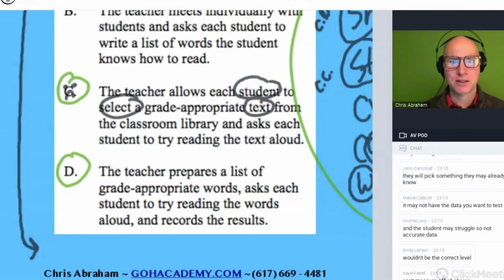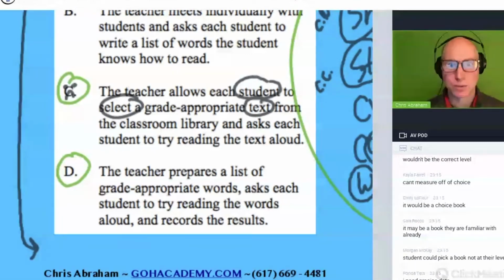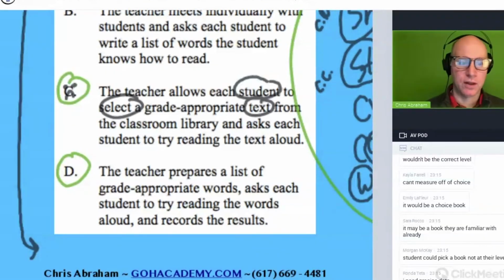They're going to pick something that they're comfortable with, right? We're not going to get an actual sense of where the student is. This wouldn't give us great results because it would favor the student, because they pick a book that they're familiar with.